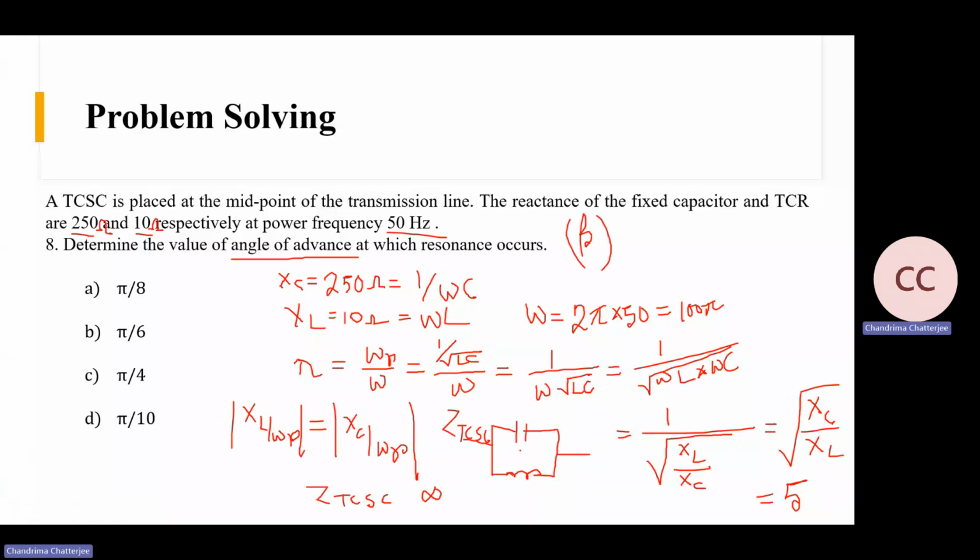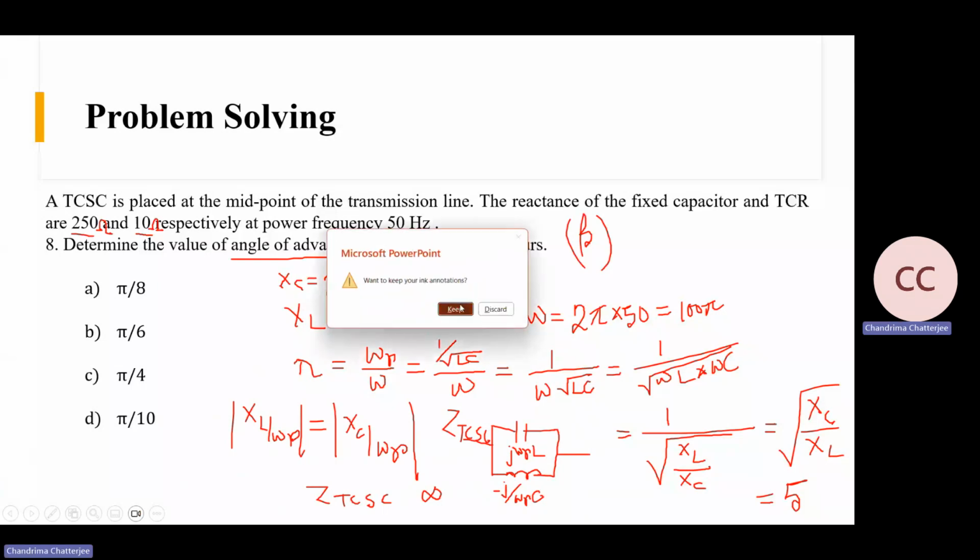Why? Because this is omega r L, and this is 1 by omega r C. So if you represent it, this is minus j by omega r C, and this is j omega r L. Now if you find out the equivalent impedance, what will we get?